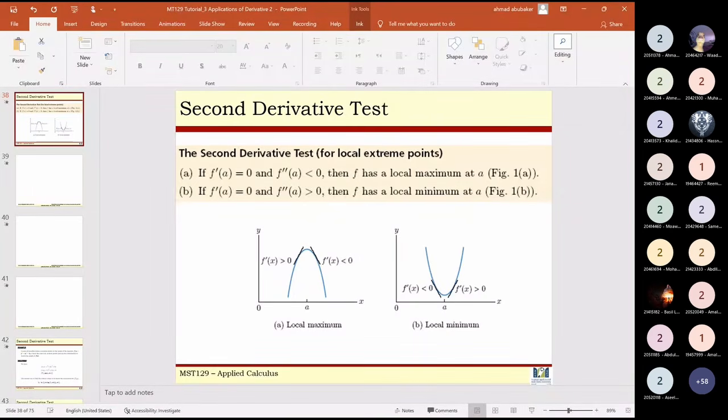Second derivative test. This is a test in which we use the second derivative to determine whether the critical point or stationary point is a local maximum or a local minimum.